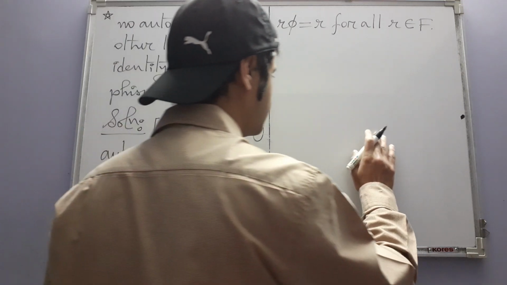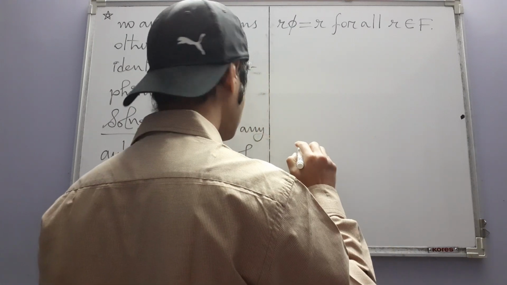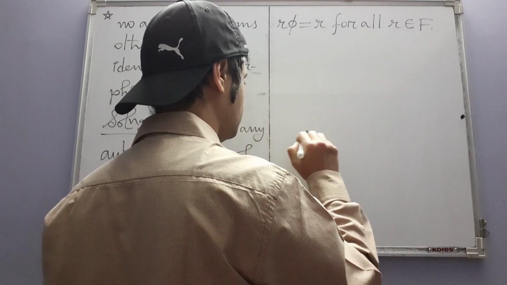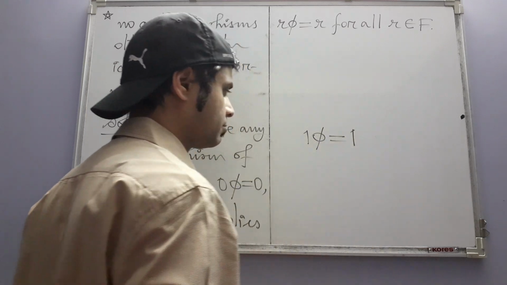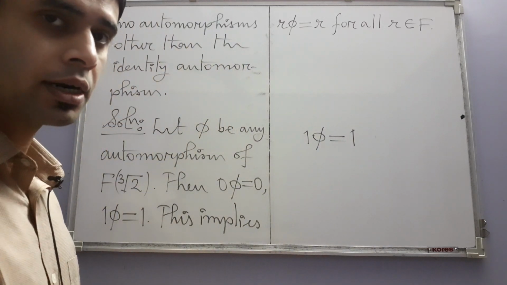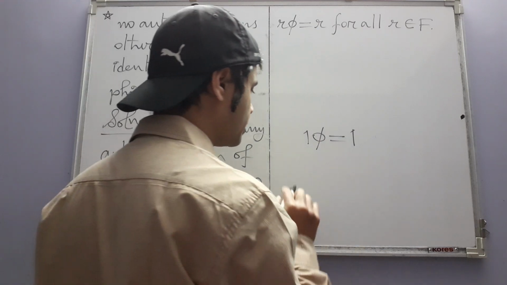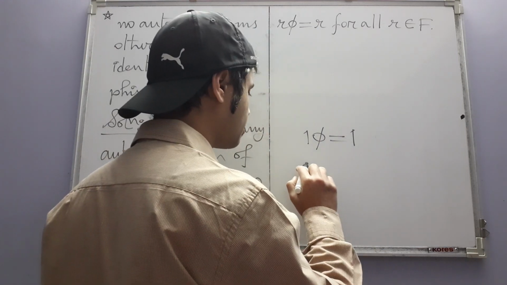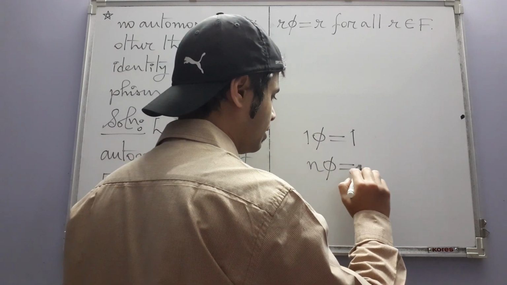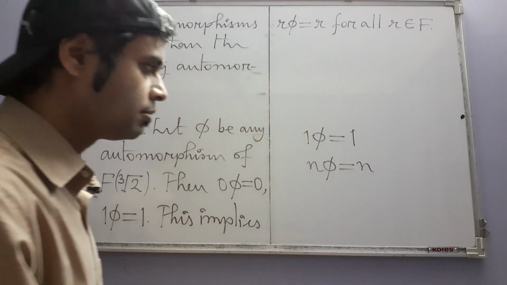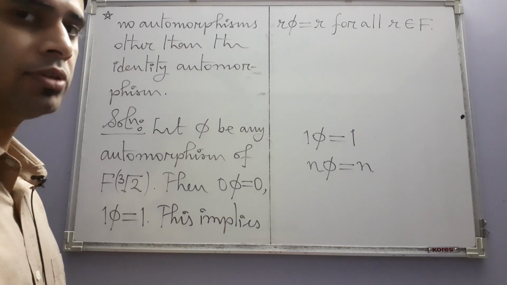So the thing here is this. Using this fact, by induction, you can prove in an extremely straightforward manner that n phi is equal to n for every positive integer n.